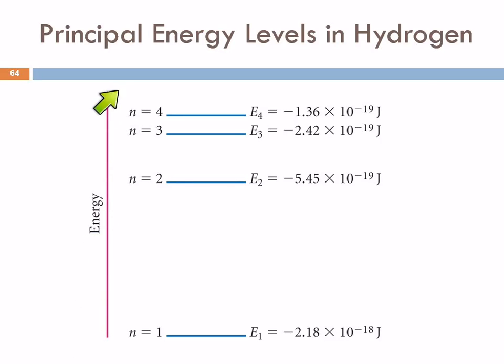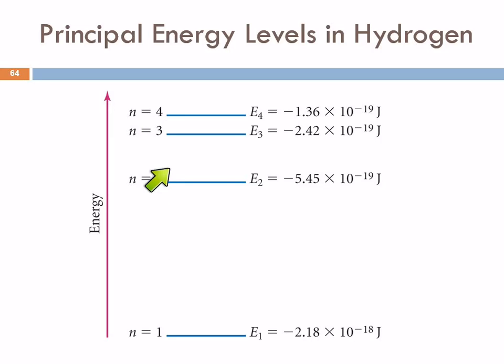So if we represent energy on the y-axis, and this is for hydrogen, for principal quantum number 1, this is the energy of the electron. And for principal quantum number 2, it's up here. It's less negative because as we go farther and farther away, the electron is closer to being loose or free.